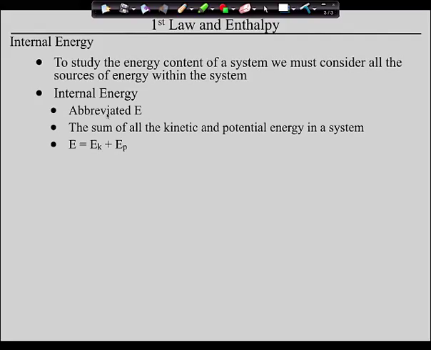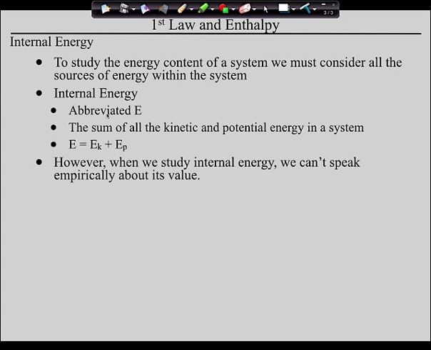Now, guys, I'm going to lay out a thought for you, and then I'm going to talk about the bigger thought, and then we're going to agree together to not talk about the bigger thought. Okay? So just watch. Here's the thought. Guys, internal energy is tricky. You can't measure it. Write it down.